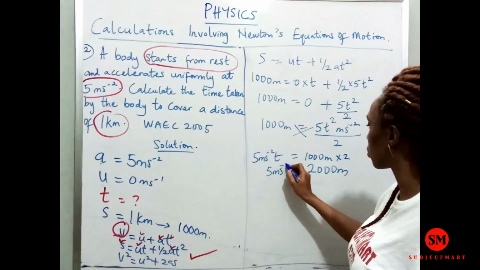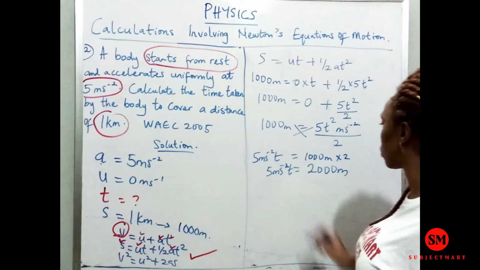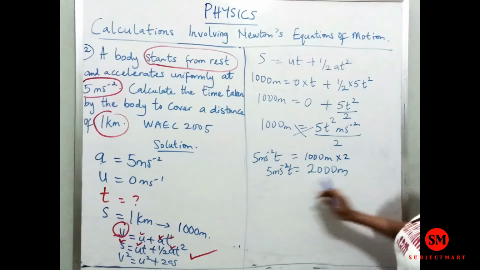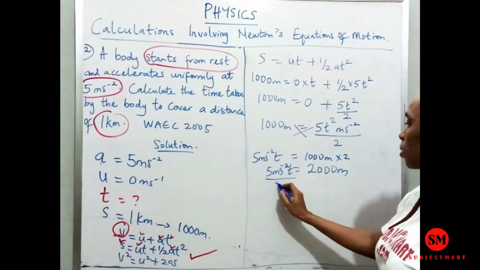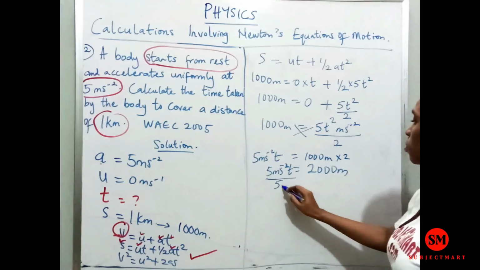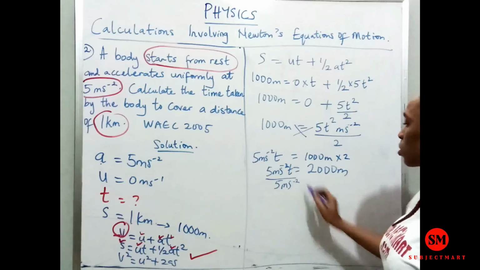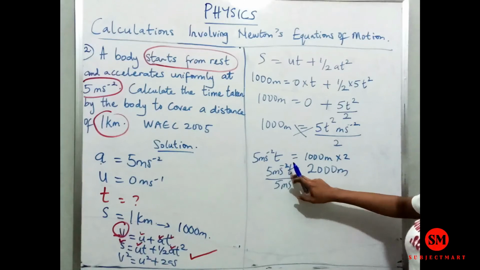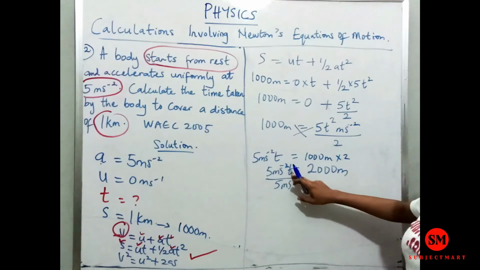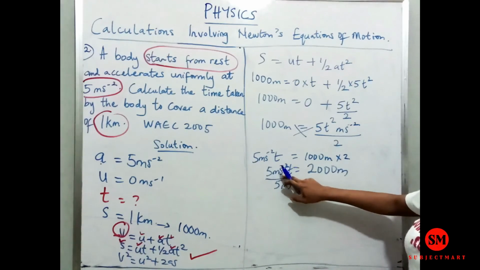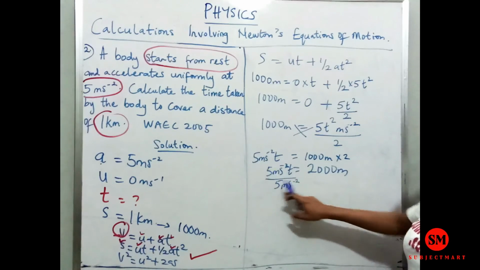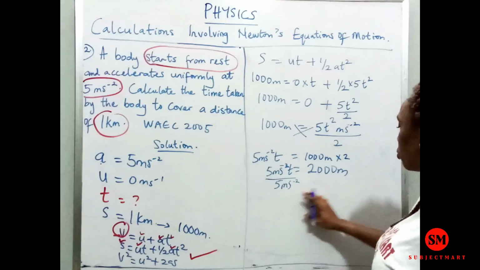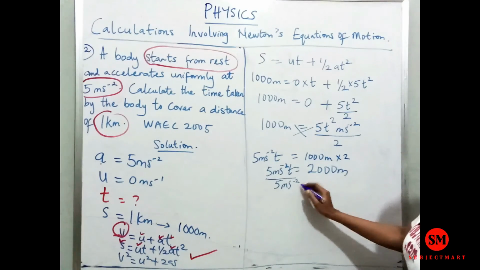So now I want t to stand alone. That means I'm going to divide both sides by 5 meter per second squared. I'm trying to make t the subject of the formula. That means every other thing attached to t will be divided on both sides.